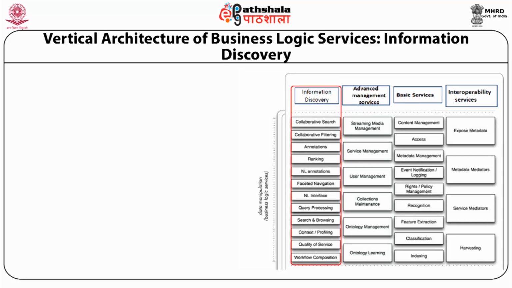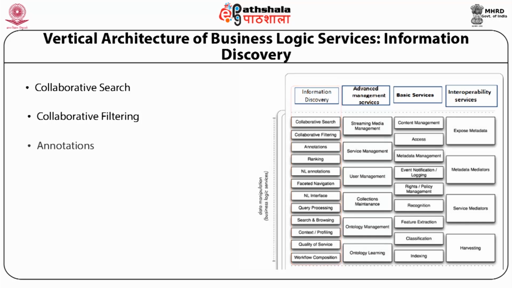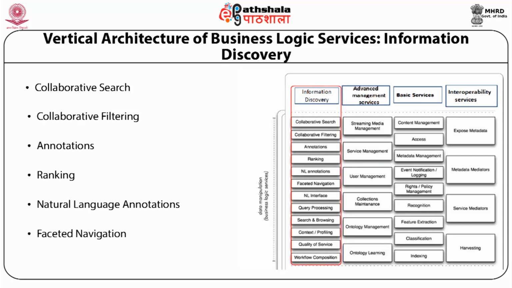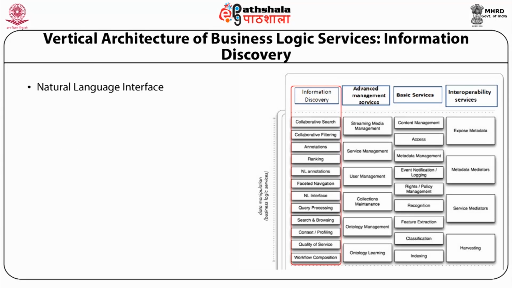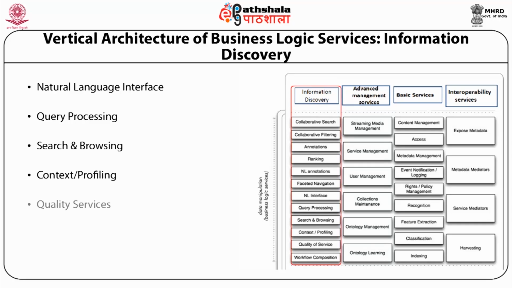End users can also interact with the digital library management system to compose workflows to support their business needs. This layer includes collaborative search, collaborative filtering, annotations, ranking, natural language annotations, faceted navigation, natural language interface, query processing, search and browsing, context or profiling, quality services, and workflow composition.